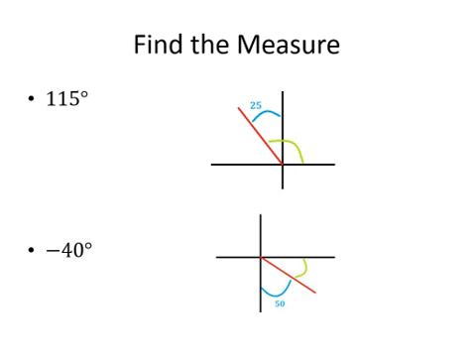So if it opens clockwise, it's negative. If it opens counterclockwise, it's positive. You subtract 50 from 90 to get negative 40.